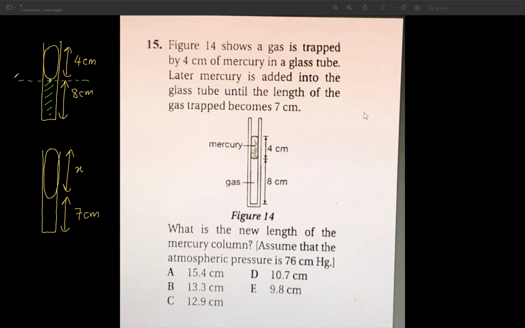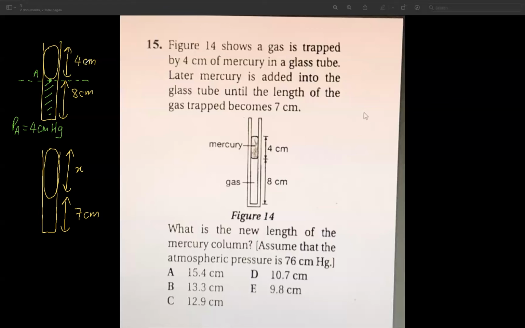Okay, so if I want to find the pressure at this point, let's call it point A. PA equals the length of the mercury column, 4 cm Hg. Why do I put Hg? Because this is mercury column, right? If it's water, then it's H2O. So in other words, this is like the depth, just like the mercury lake.